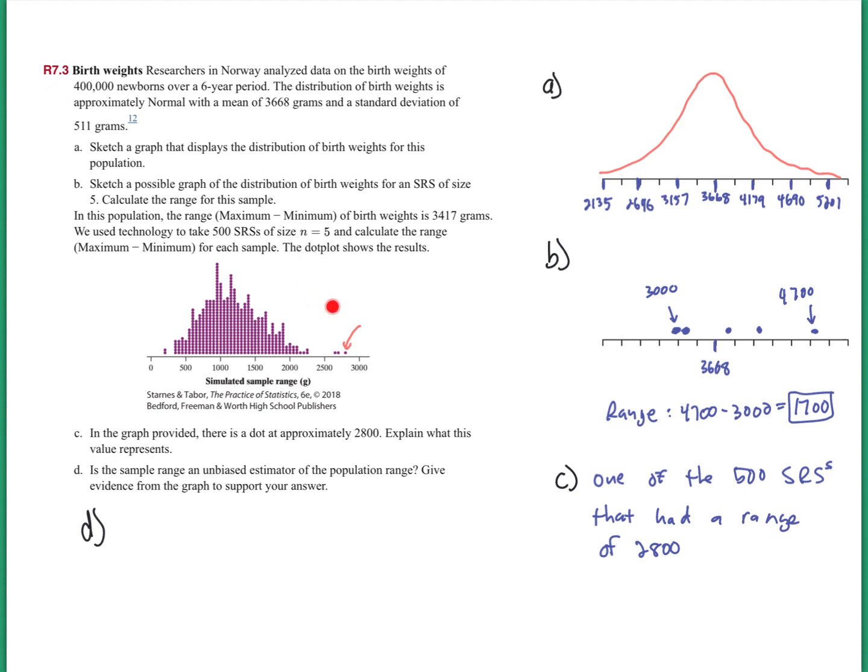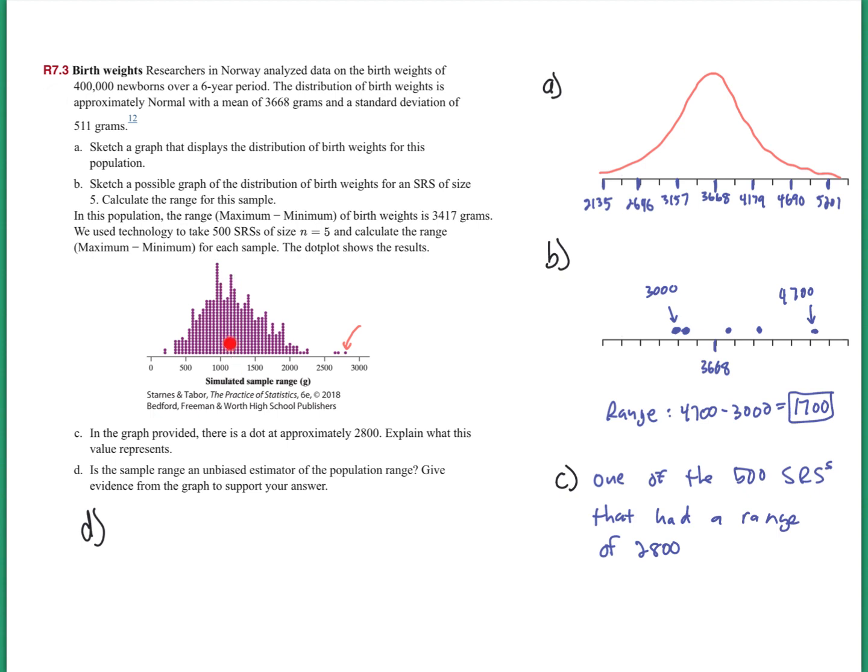If the sample range was an unbiased estimator of the population range, then in this dot plot of simulated sample ranges, the mean should be the same as the population.